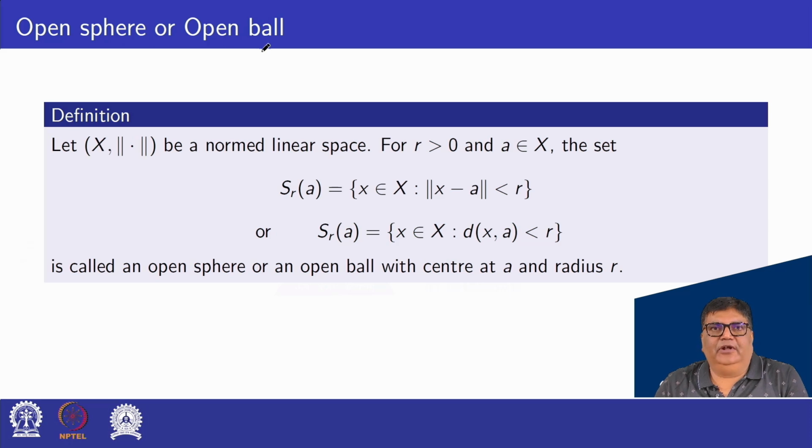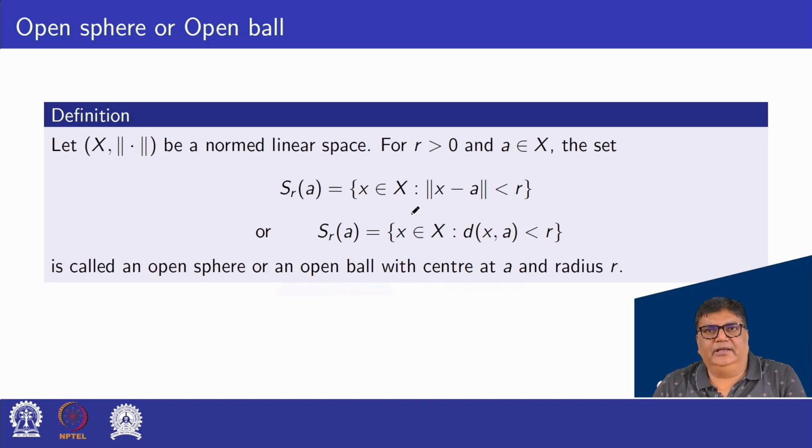Open sphere or open ball. Let X with a norm be a normed linear space. For r greater than 0 and a belonging to X, the set S(r,a) equal to the set of x, where x is an element of X and defined by norm of x minus a less than r.